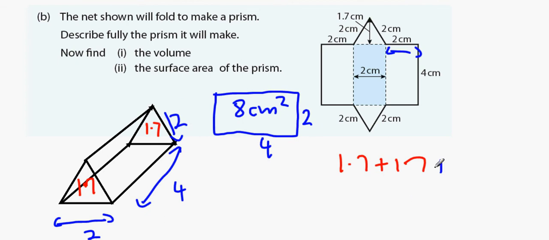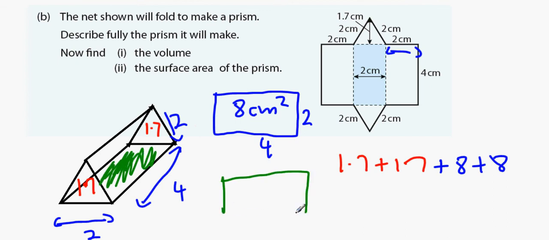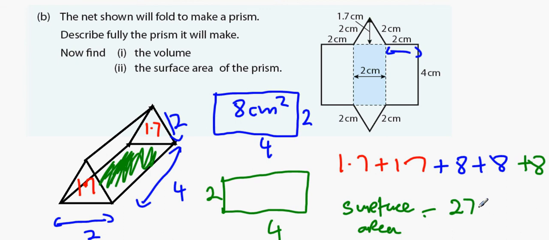And then we have the base rectangle, in green, which is also going to be 4 by 2, which is another 8. So add them all together, and we're going to get 27.4. So the surface area equals 27.4 centimeters squared. So 27.4 centimeters squared, grand.